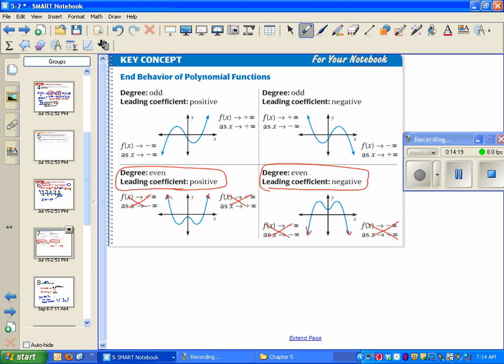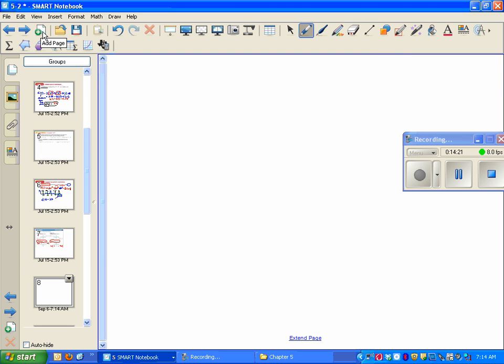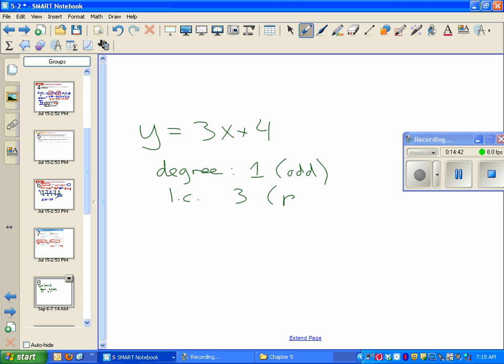You've already actually dealt with odd behavior in Algebra 1. So if you ever graphed an equation that was, let's say, y equals 3x plus 4, well, the degree of this polynomial is 1, which makes it an odd function. The leading coefficient is 3, which is positive. And this right here is all you need to know for end behavior.